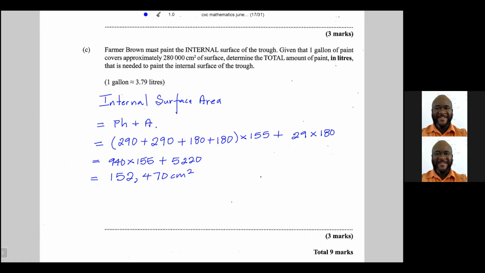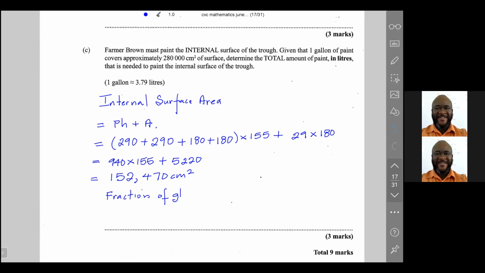All right, so let's find out the number of gallons needed, or fraction of a gallon needed.